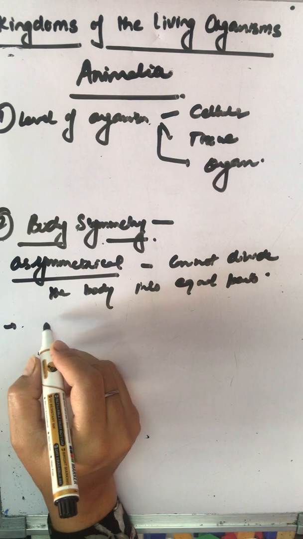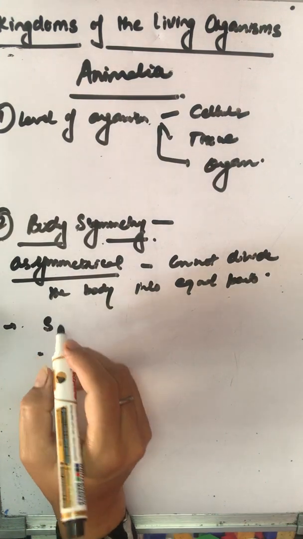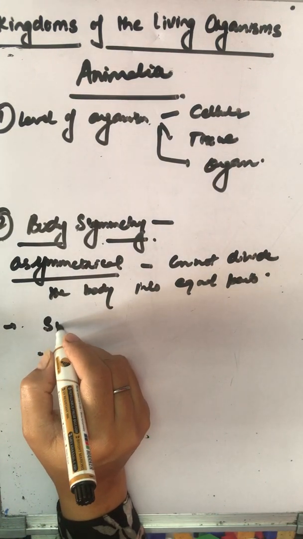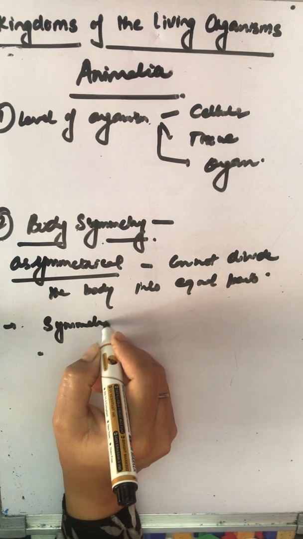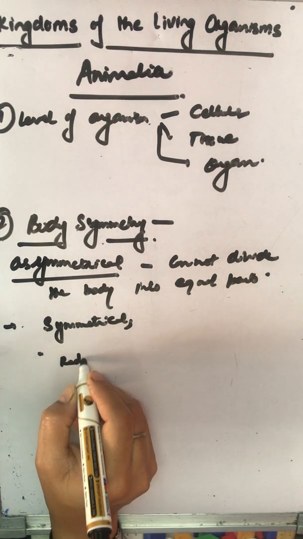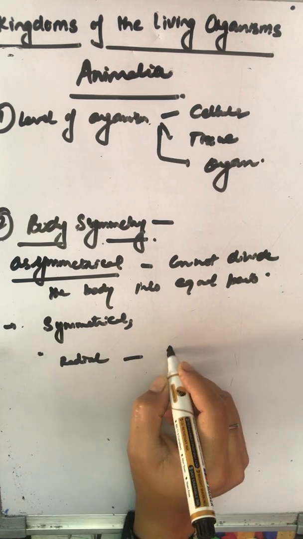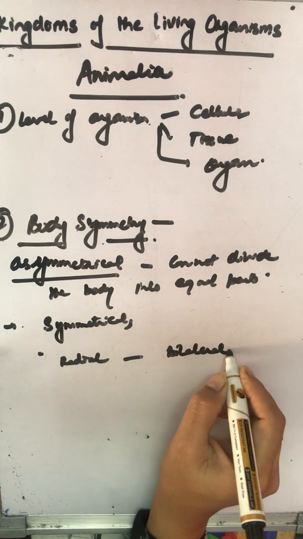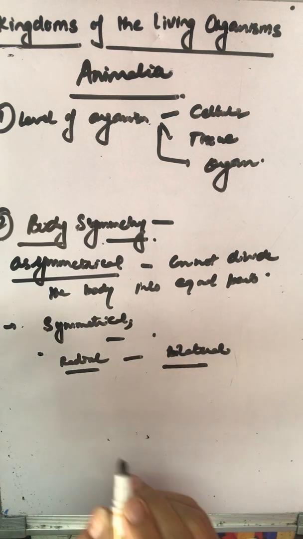Otherwise, it is symmetrical, it can be radial, bilateral, on the basis of division.